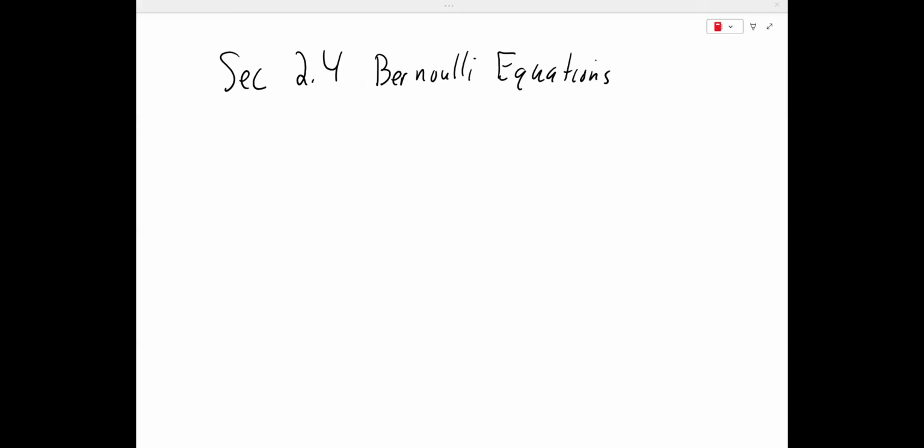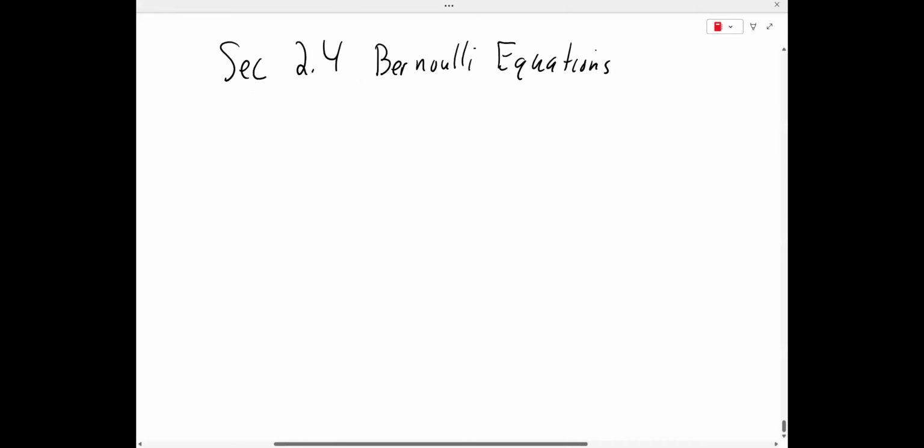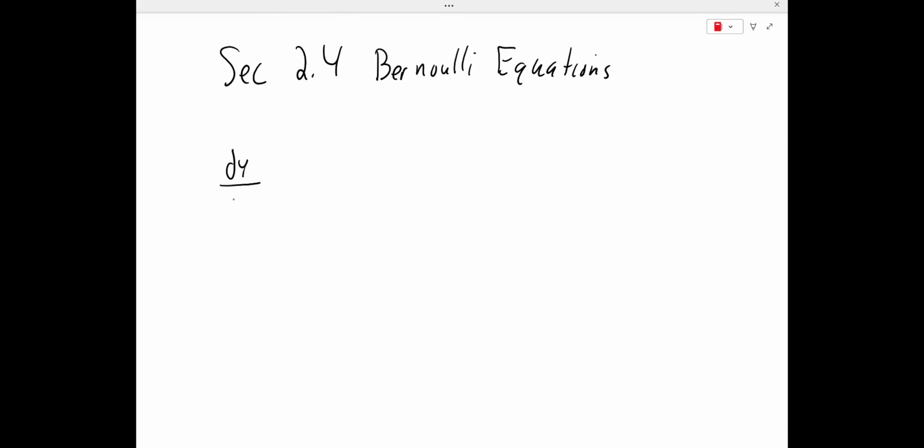Here's a Bernoulli equation. It looks like this, a little different form. Now, if you look at this here, this is just a linear equation.